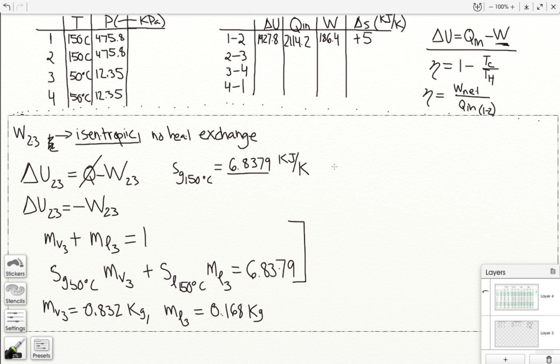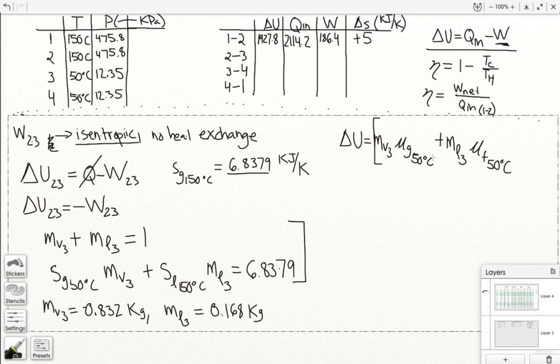Now that I know this ratio, it's pretty simple to calculate the change in internal energy, which will simply be the mass of the vapor at 3 times internal energy at 50 degrees Celsius for the gas state, plus m_L3 times u_f at 50 degrees C. This represents internal energy at state 3, and I'm going to subtract this from the internal energy at state 2.